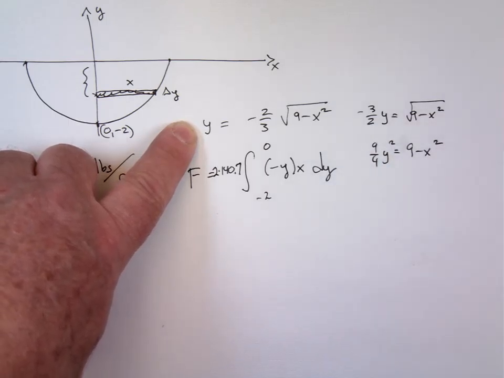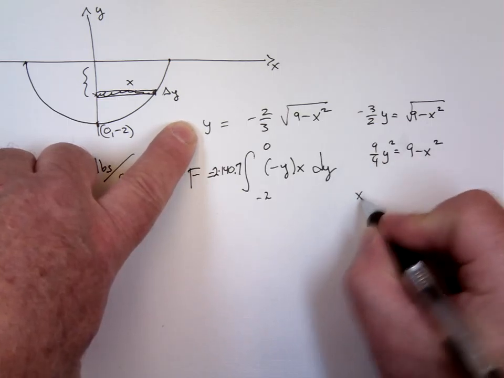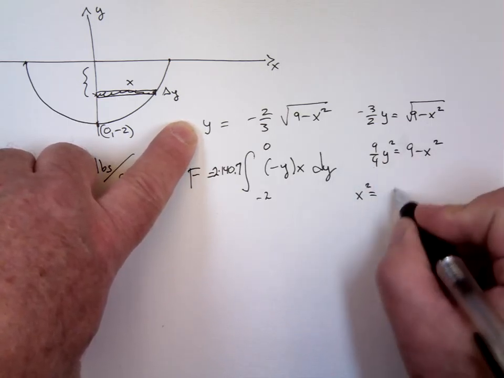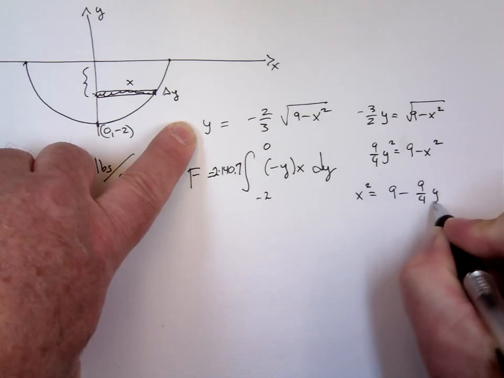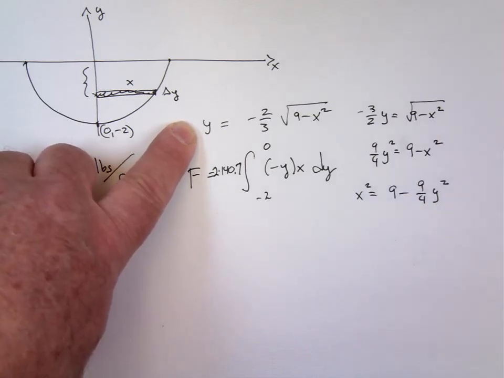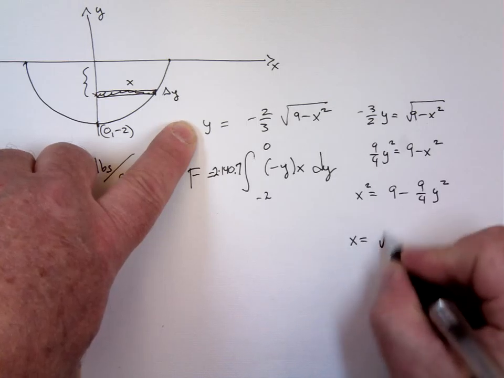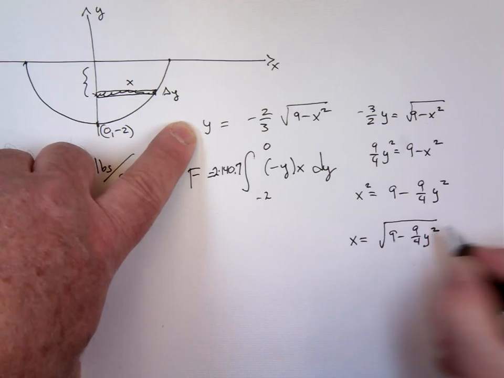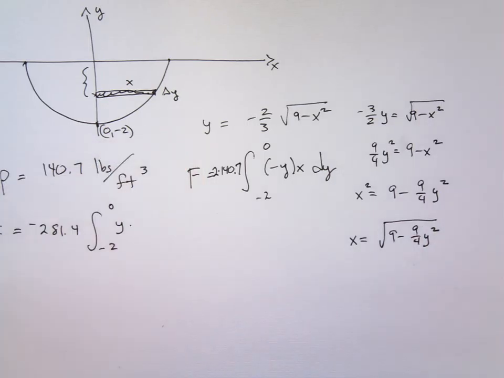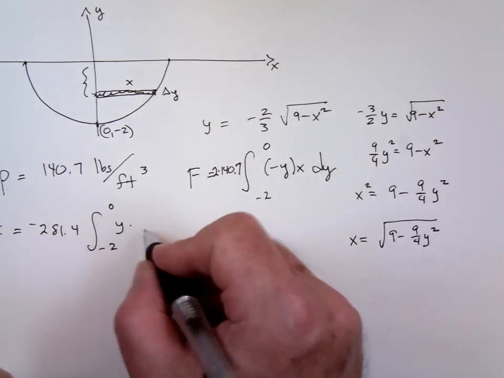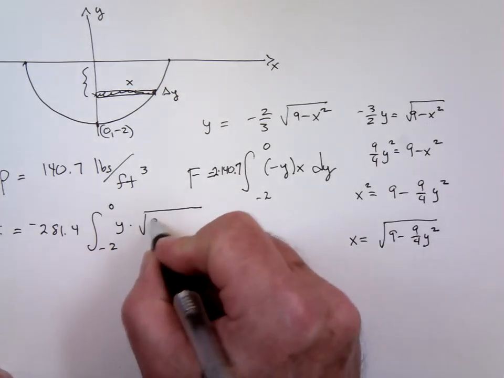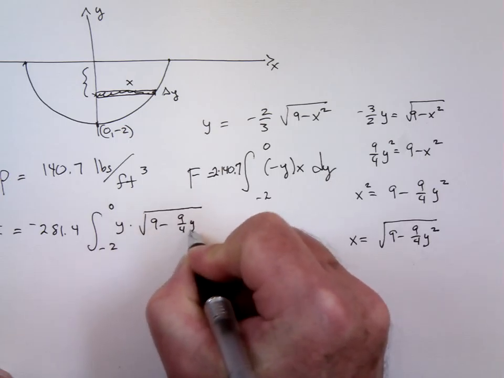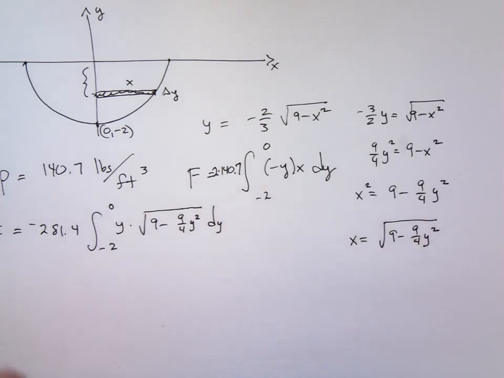I would bring the x squared over here and the 9/4 y squared over there, and then take the square root. And that's what x is. So we need that in here. Alrighty.